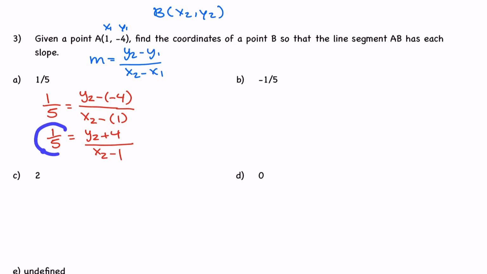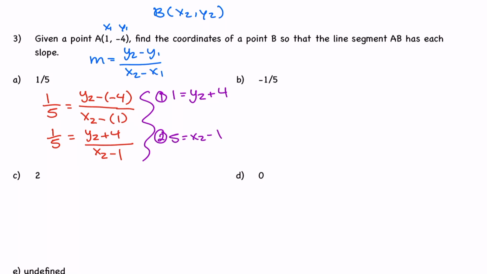So one way we can get these fractions to equal each other is if the numerator equals 1 and the denominator equals 5, then we'd also end up with 1 over 5. So from that, we get two equations. Equation 1 is going to be 1 is equal to y2 plus 4, and equation 2 is going to be 5 is equal to x2 minus 1.